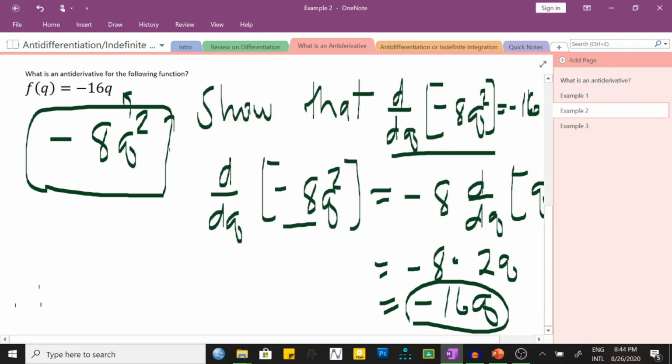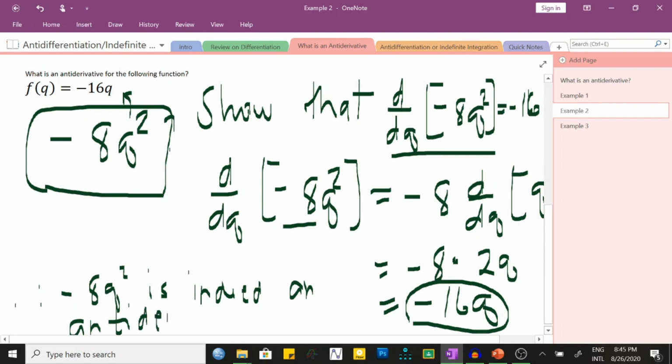This means that negative 8q squared is indeed an antiderivative for the function there, f of q equal to negative 16q.